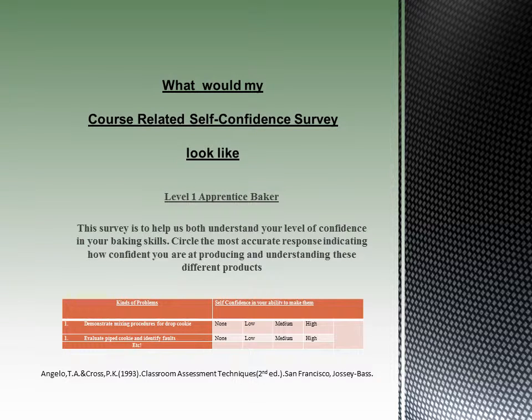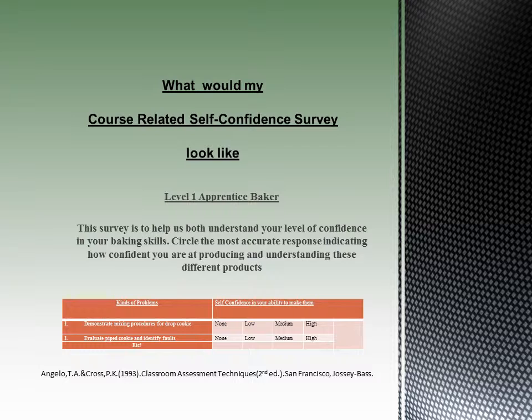So what would my course-related self-confidence survey look like? So I have a level 1 apprentice baker's course. Right? You will notice on this there is nowhere on here to put the student's name.